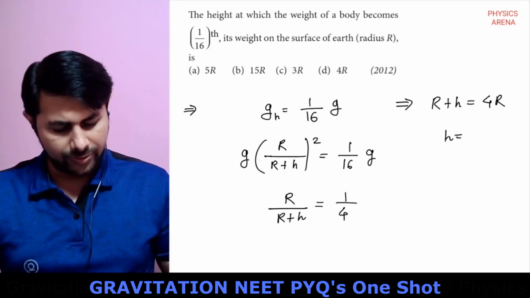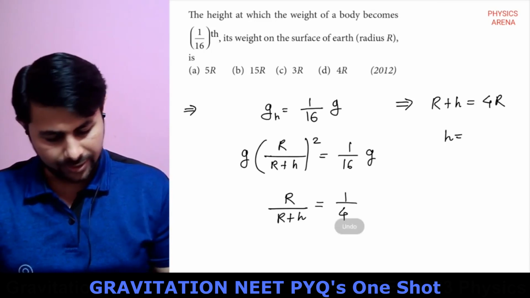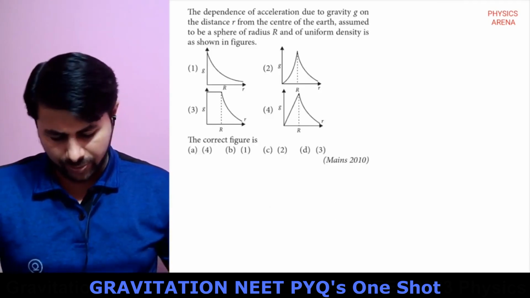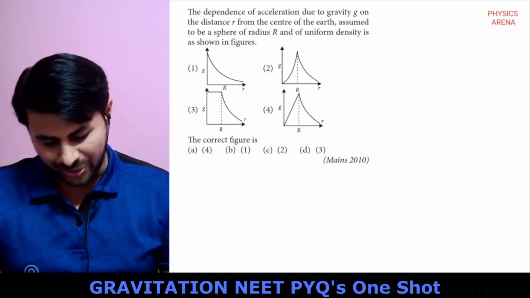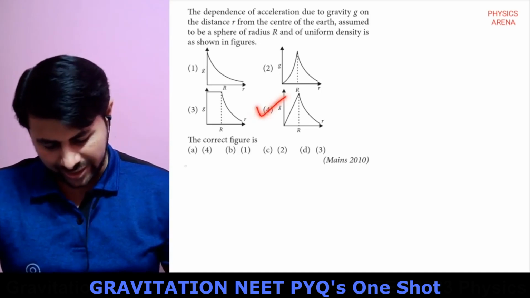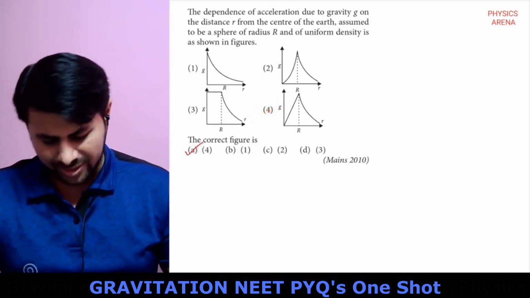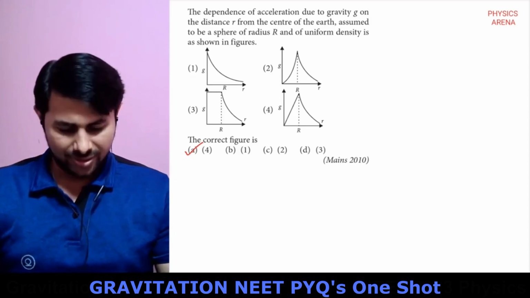So h is equal to what? 4r minus r, that is 3r. This is from Mains 2010, and its answer is option 4, that is A. It is repeated in many exams, this question.